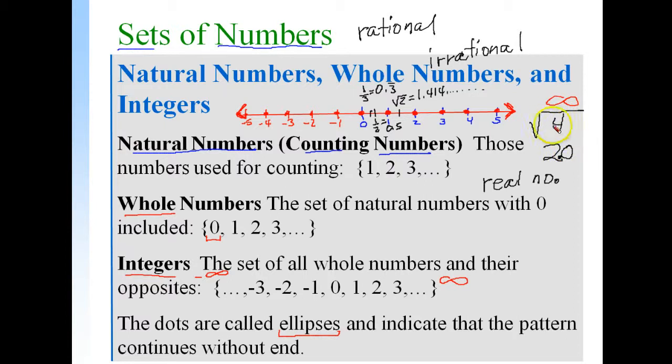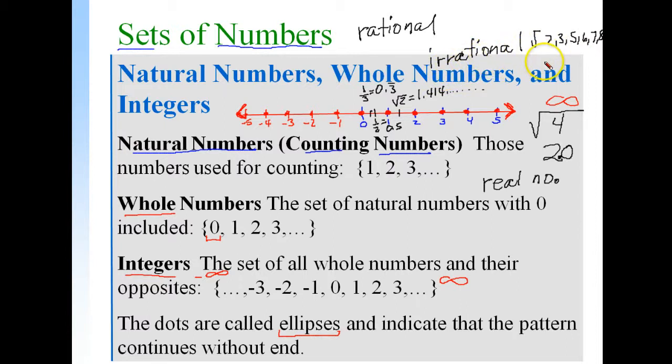And all those other numbers that are not perfect squares, such as 2, 3, 5, 6, 7, 8, if they were found under the radical sign, would all be irrational.